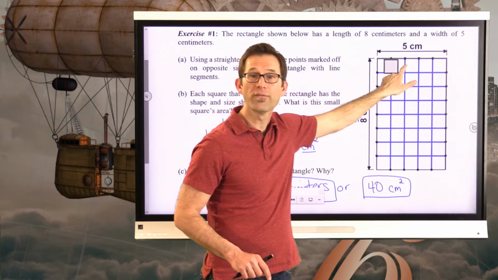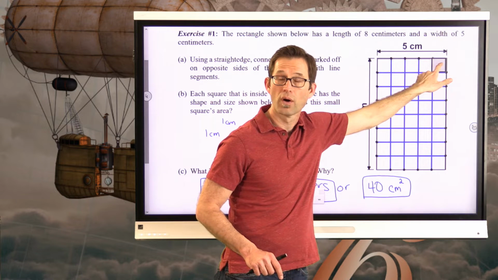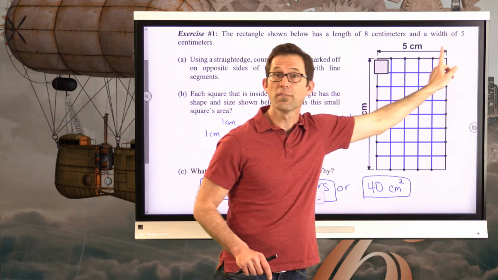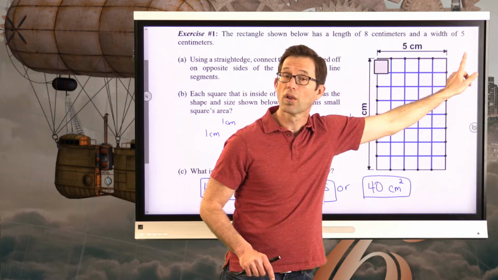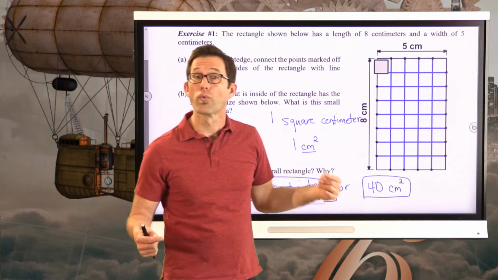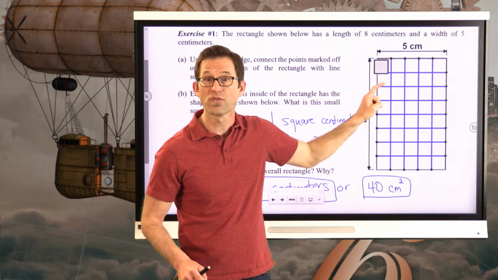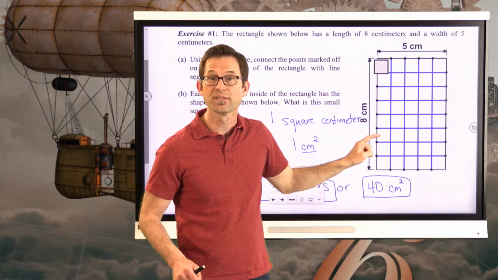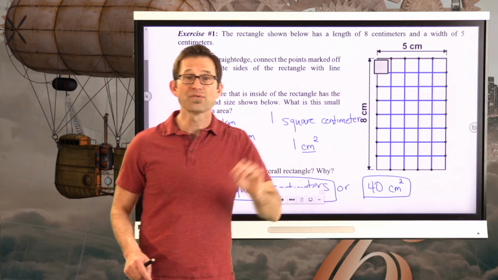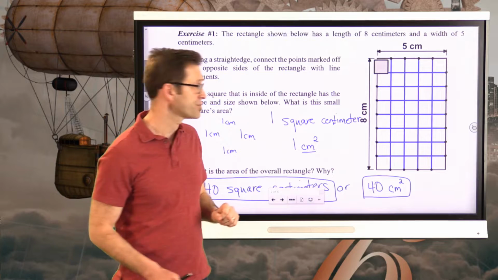Well, there are 5 of them that fit in a given row, okay? And there are 5 of them that fit in a given row because this dimension is 5 centimeters long, or 5 centimeters in length. Then the question is, how many rows are there? Well, there are 1, 2, 3, 4, 5, 6, 7, 8 rows that have 5 square centimeters in them each.